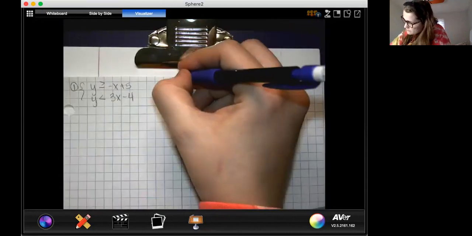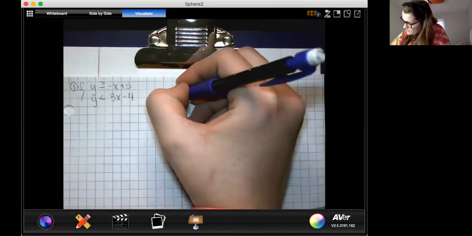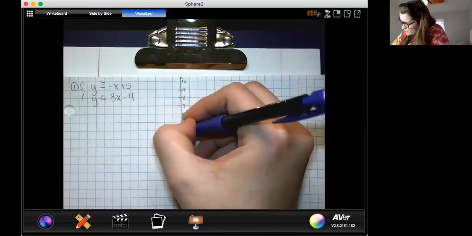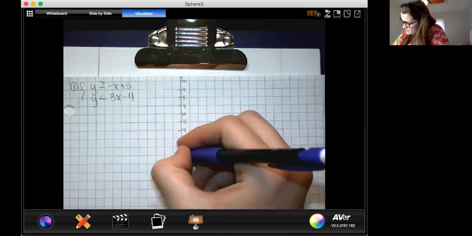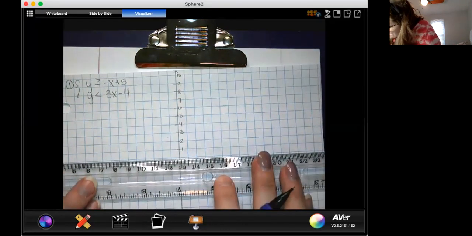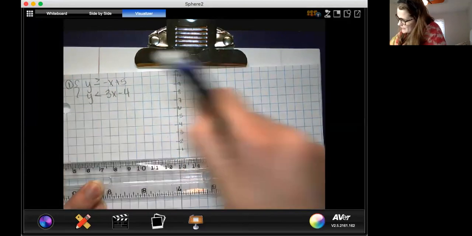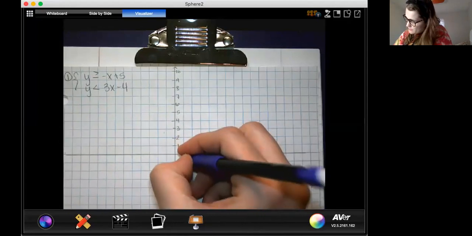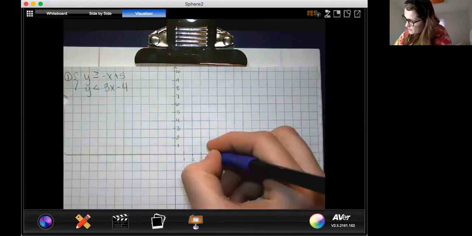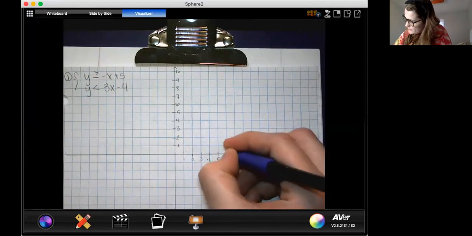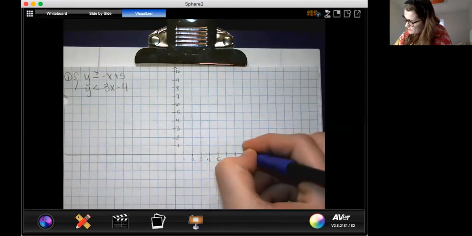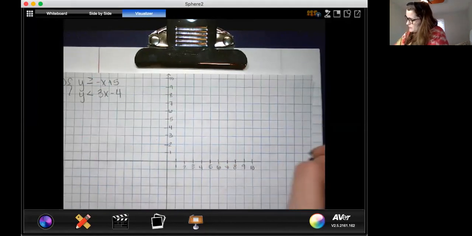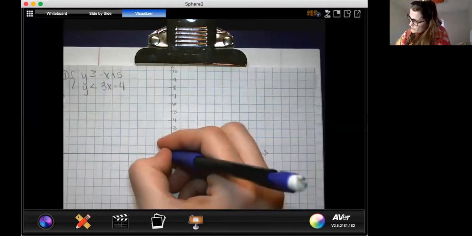So as always, I count down to make sure I don't waste any space. And when I say waste space, I mean if I started counting randomly, I don't know if I'm actually going to make it all the way to the top or if I've left space at the top that I didn't need to have. So by counting down from the top, you can ensure that you have not wasted any space to make sure your graph fits.